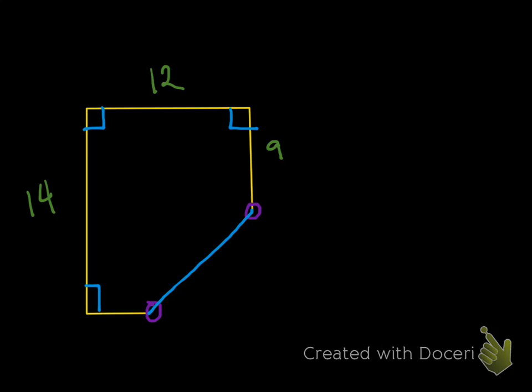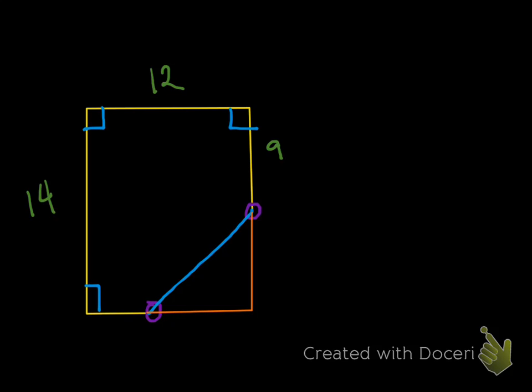Okay, so if we take and continue out this line, let's change the color. If we continue this line out here to meet that side, and then we go down here to meet that side. All right.